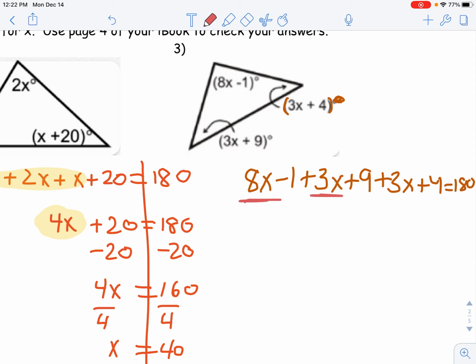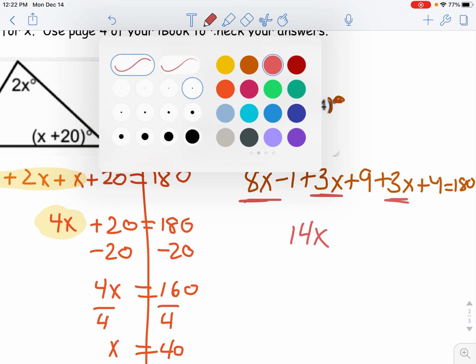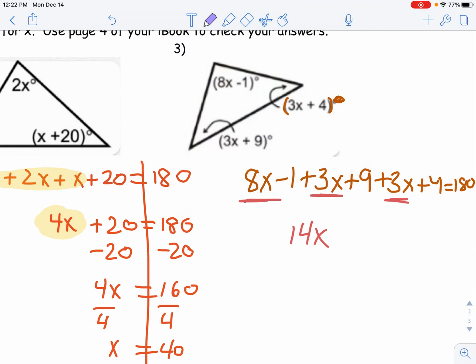I'm going to combine like terms. I got 8x plus 3x plus 3x. That's going to give me a famous number known as 14x. And I got negative 1 plus 9 plus 4. And according to my puny little brain, that's 12. Equals 180. Subtract 12 from both sides.